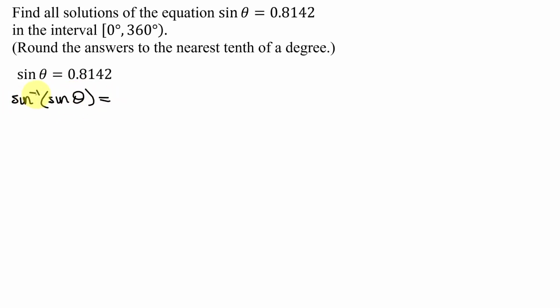So I have the inverse sine of the sine of theta equals the inverse sine of 0.8142. Now on the left-hand side, what's the inverse sine of the sine of theta? That's just theta. So theta is the inverse sine of 0.8142.